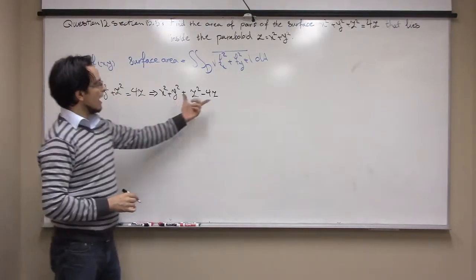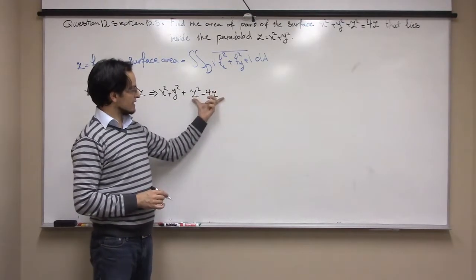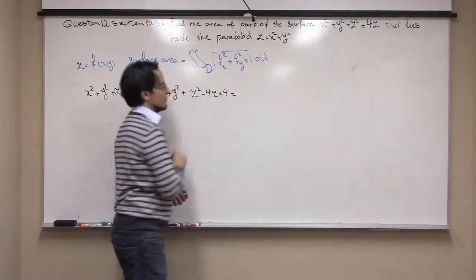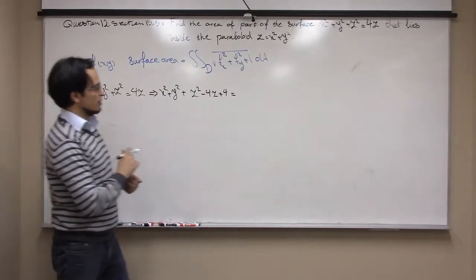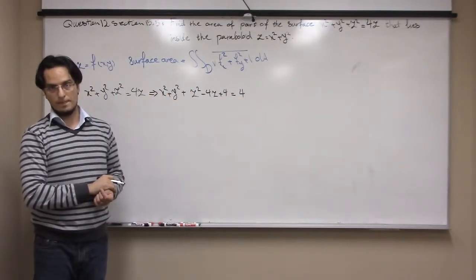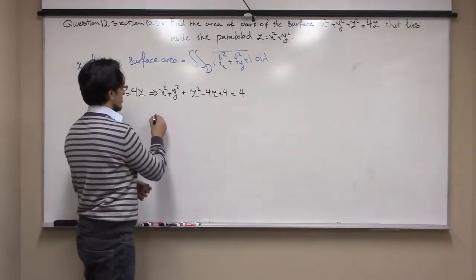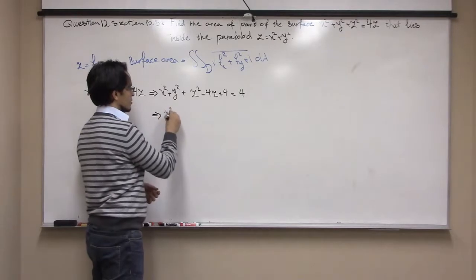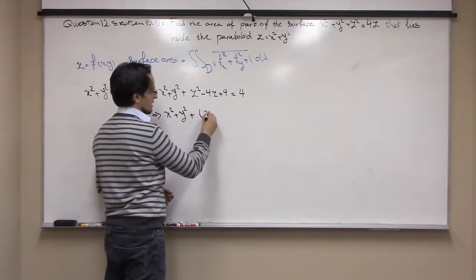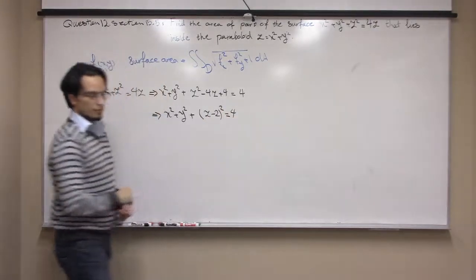Then I want a complete square for this term, so I add 4 to the left-hand side and another 4 to the right-hand side. I haven't changed the equation, but now I can write x squared plus y squared plus z minus 2 squared equals 4.